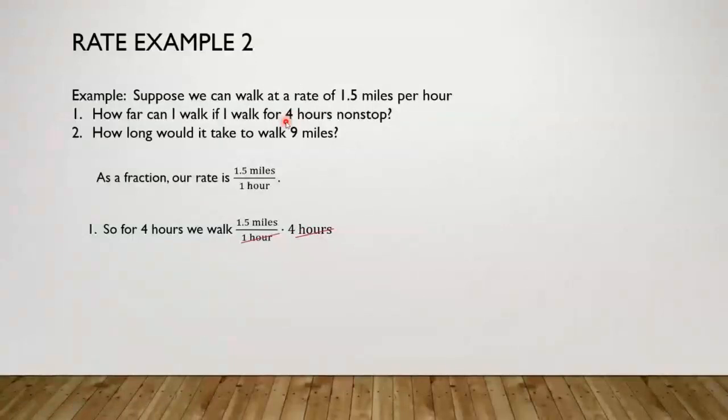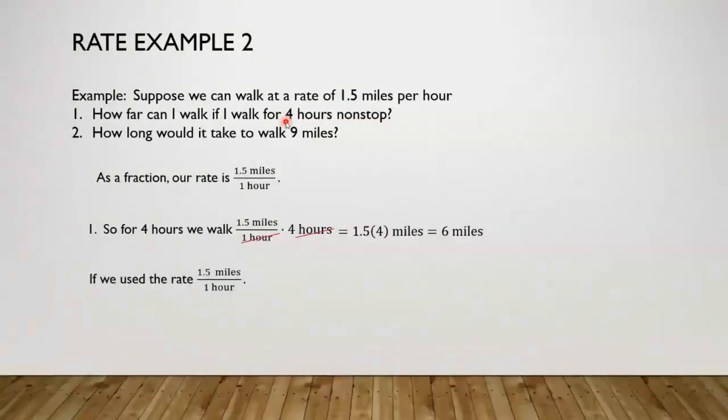So by multiplying, the units cancel, and we're left with 1.5 times 4 miles, which turns out to be 6 miles. So for 4 hours, we're going to walk 6 miles. Okay, so that's number 1. Let's look at number 2.